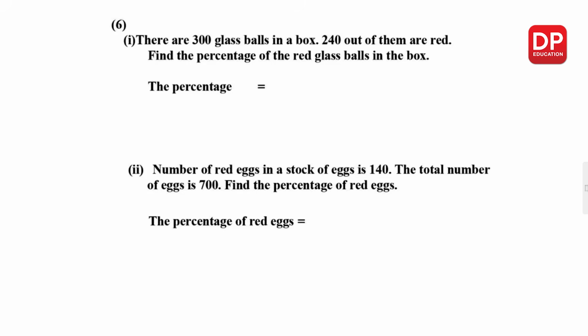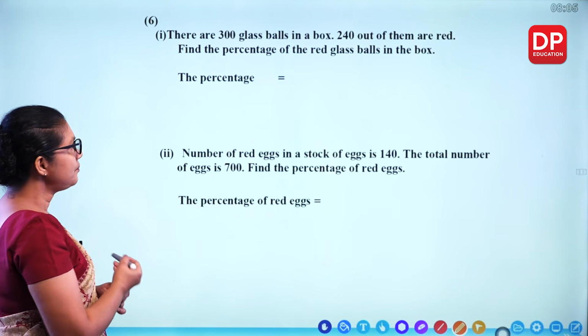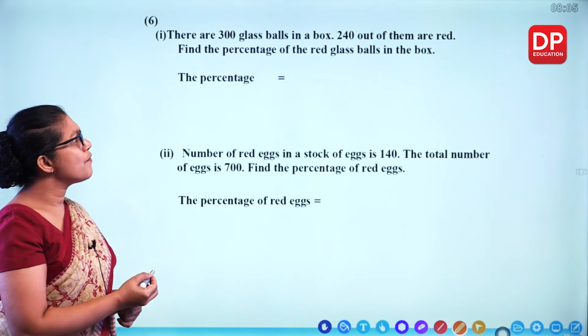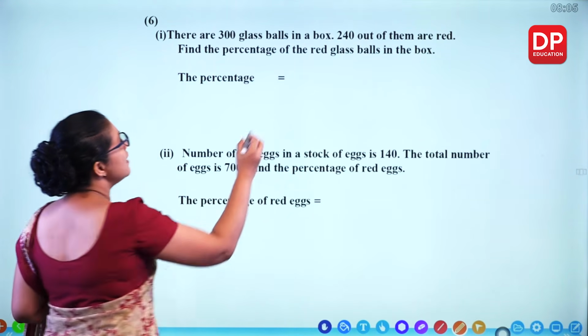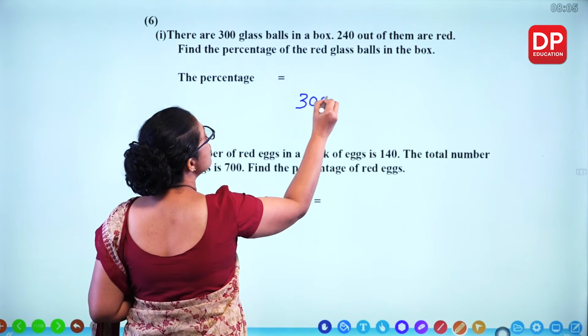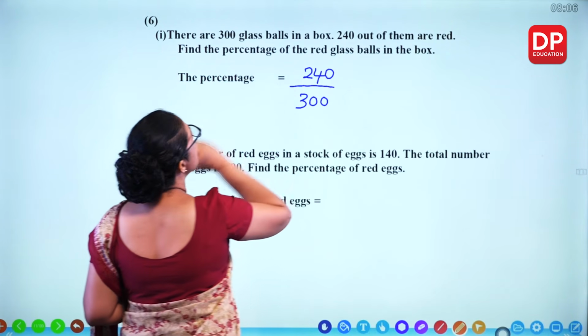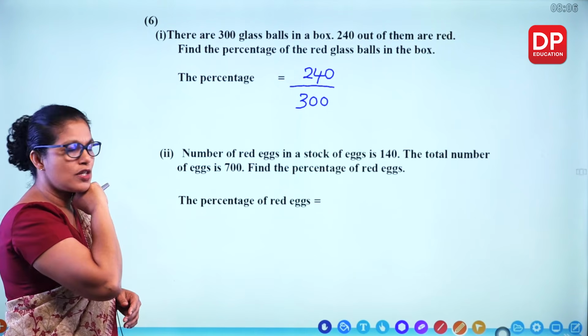Now look at this one. There are 300 glass balls in a box. 240 out of them are red. Find the percentage of the red glass balls in the box. So what's the total? 300. Out of 300, 240 glass balls are red. So what's the percentage?